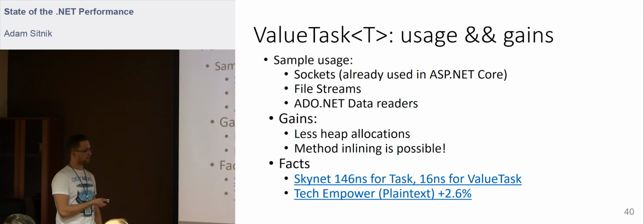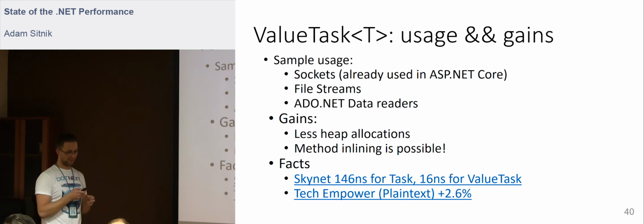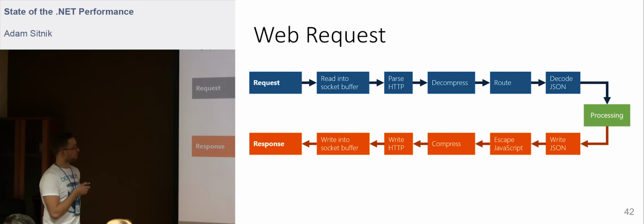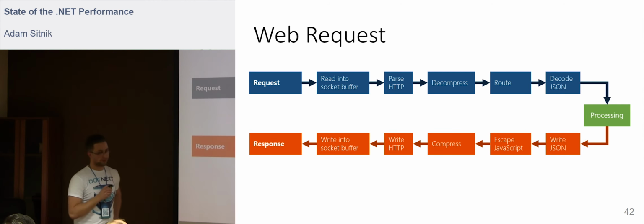So 2.5% there is a very big increase. And just to tell you how much it costs to create a task versus how much it costs to create a value task, the difference is huge. And now, let's take a look at a typical web request.